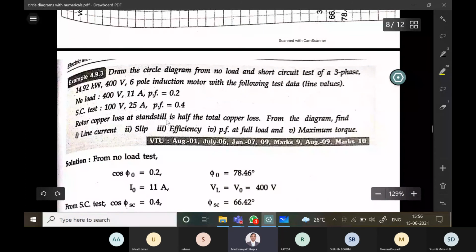In this, the same values are given: 400 volt, 11 ampere, and 0.2 power factor, and 100 volt, 25 ampere, and 0.4 power factor.